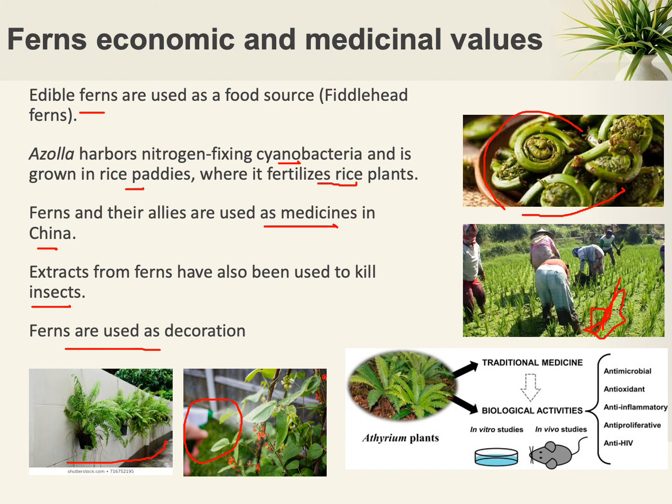Sorry, I missed out on the medicine part. It can be antimicrobial, antioxidant, anti-inflammatory, anti-HIV, and anti-proliferative. So these are the economic and medicinal values of ferns. You have to remember this also for your exam.